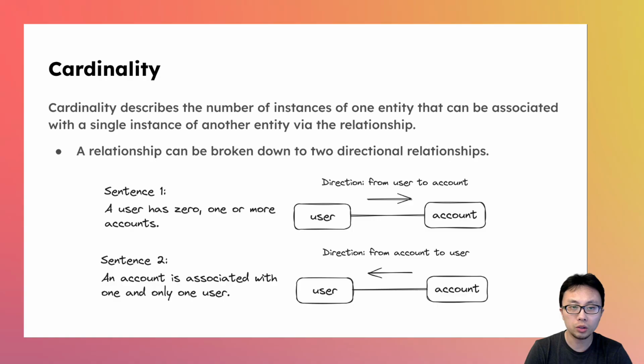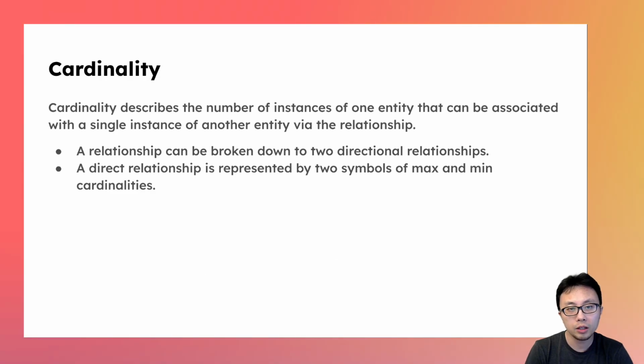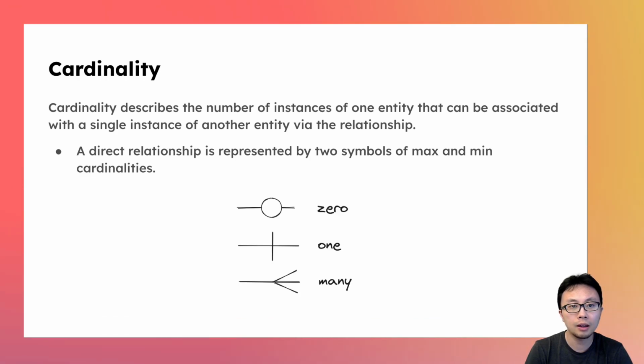That's the first point. Second, a directional relationship is represented by two symbols of max and min cardinalities. The three individual symbols represent three quantities, including 0, 1, and many. The circle represents 0, the bar represents 1, and the symbol that looks like a crossfoot represents many.